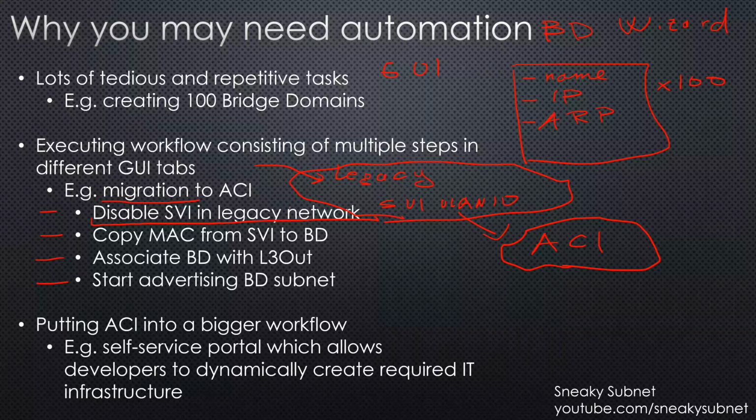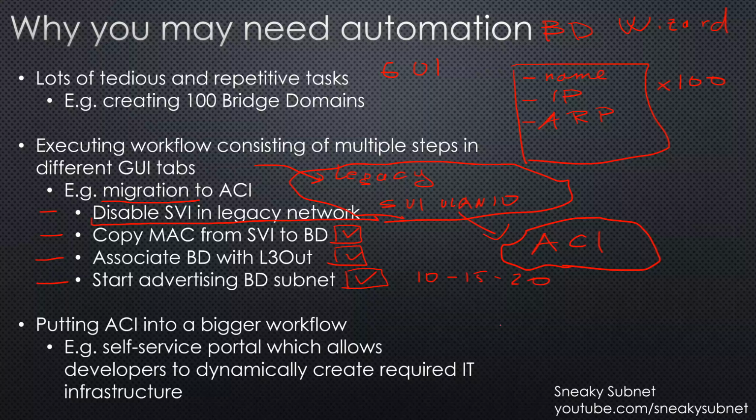After that, you switch to ACI, you go to tab number 1, copy the MAC address, go to tab number 2, associate the BD with the layer 3 out, go to tab number 3, and start advertising the bridge domain subnet. So basically you need to go from one tab to another tab, maybe switch between environments, between ACI and legacy, etc. I would say it will take you maybe 10 seconds, maybe 15, maybe 20 seconds.